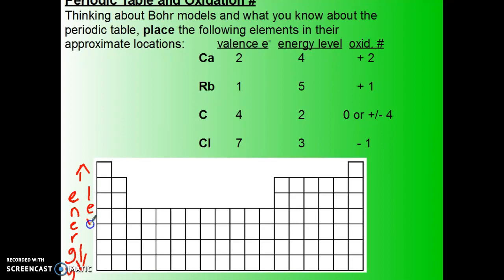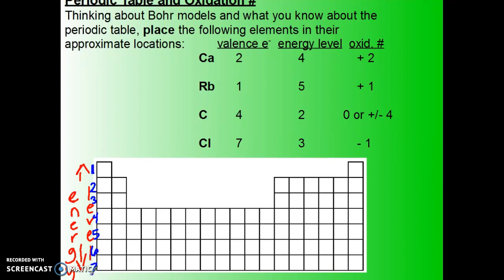It's hard to write vertical like this. Energy level. Okay? So that means that energy level 1 is this first row here. Energy level 1. Energy level 2. Energy level 3, 4, 5, 6, and 7.